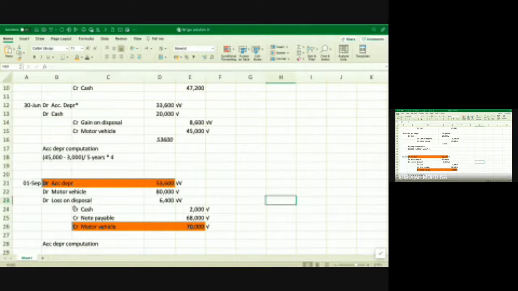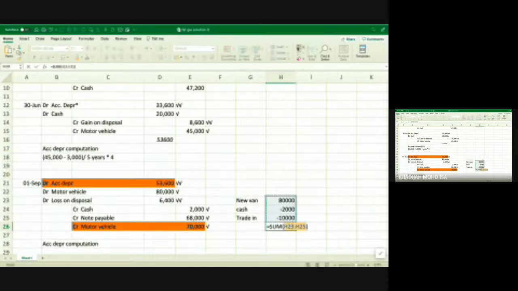Remember that the new van is 80,000. New van, and then you pay cash minus 2,000. And then you have the trade-in value, minus 10,000. So that's how you get the note payable. So the balance 68,000 is in the form of note payable.